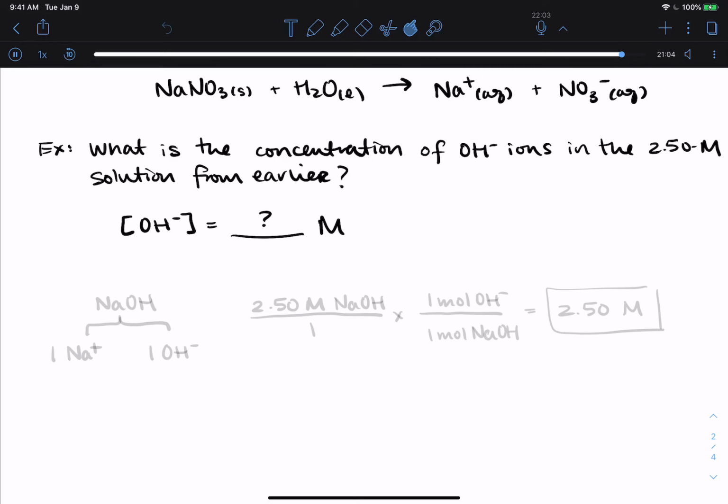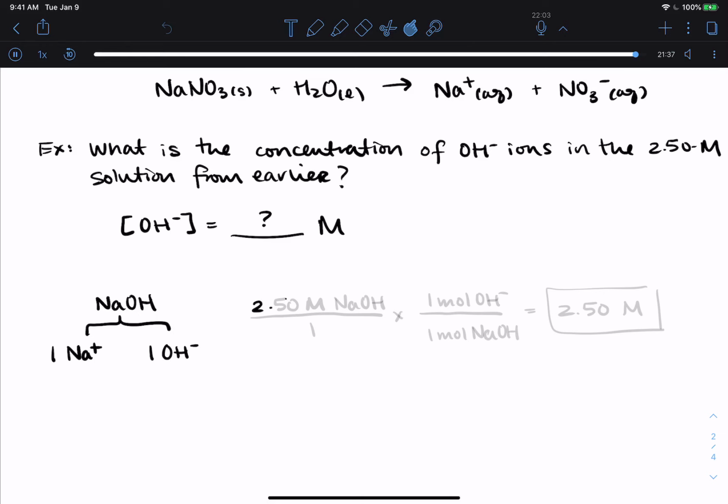So what we know is that sodium hydroxide is an ionic compound. It's the sodium ion and the OH minus polyatomic ion. So when this splits up in solution, my ionic bond breaks, my covalent bond does not. So if I have one sodium hydroxide, I'm going to get one sodium and one hydroxide.